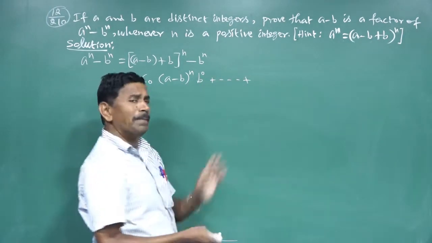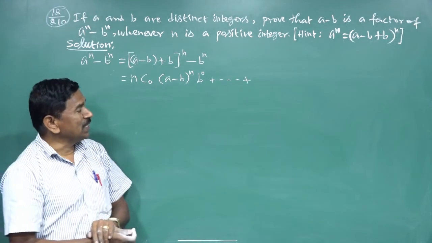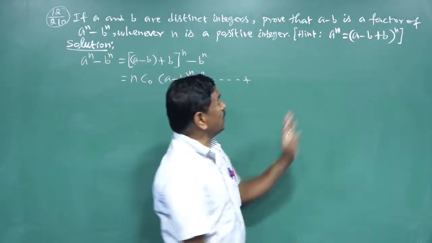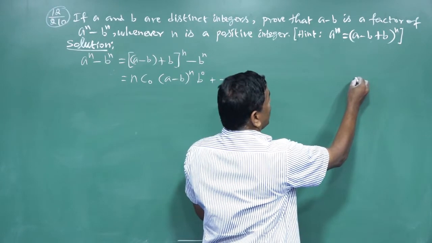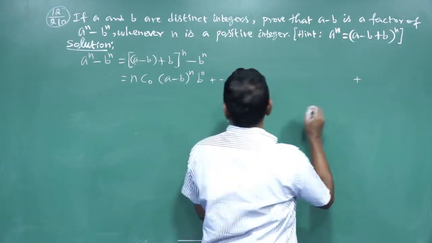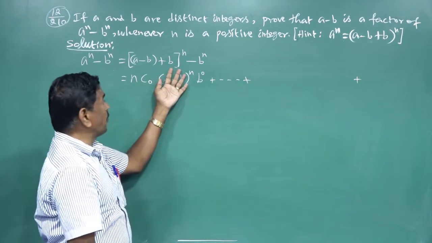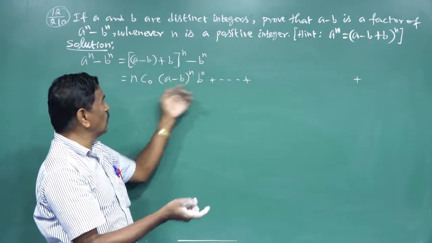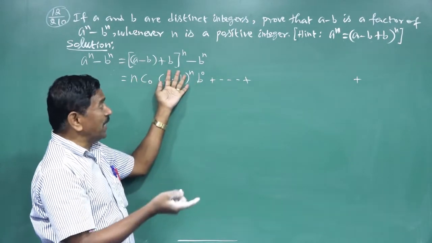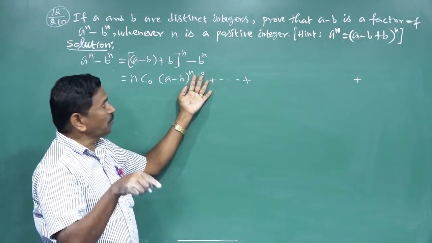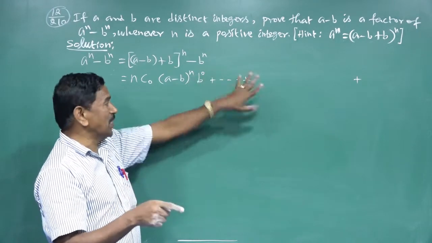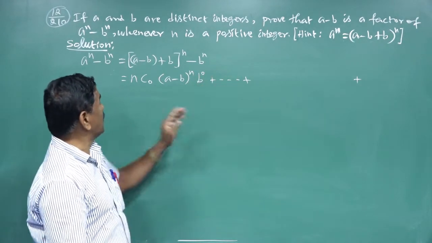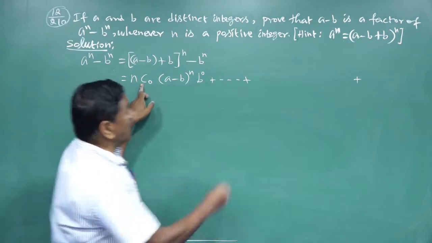Plus etc. plus. Can you tell me the last term? Remember, the terms are nC0 x power n into a power 0, nC1 x power n minus 1 into a power 1, etc. The last term is nCn.